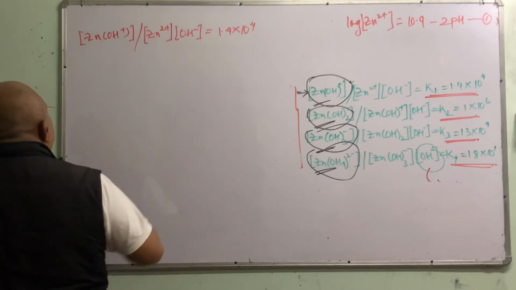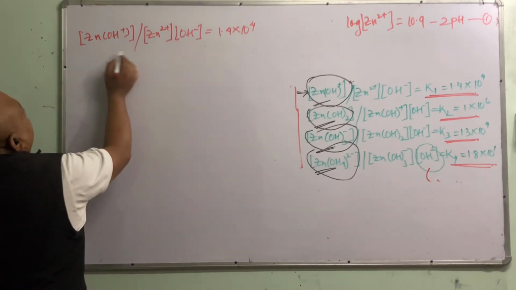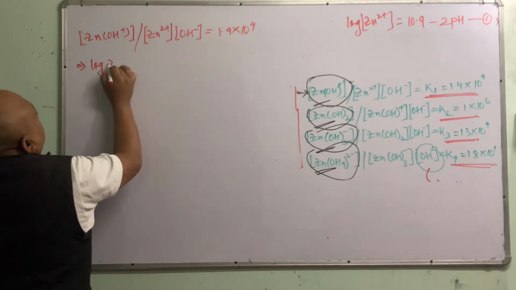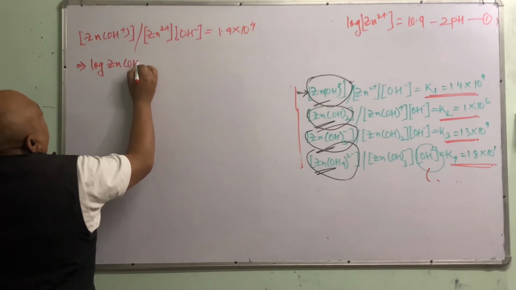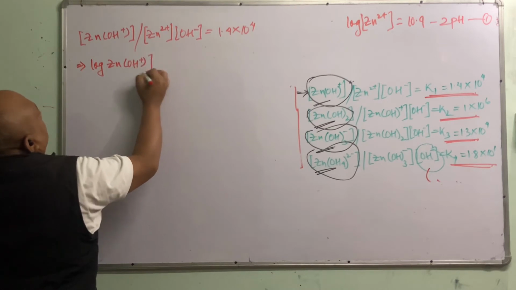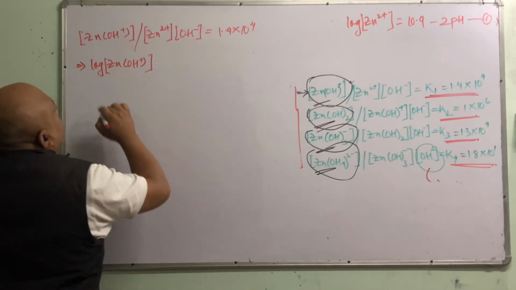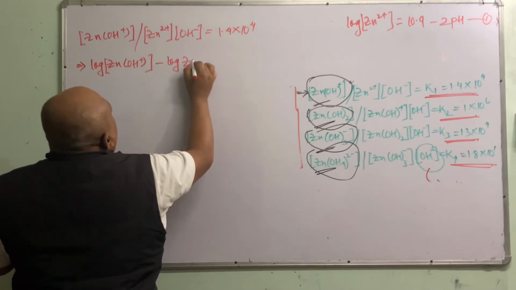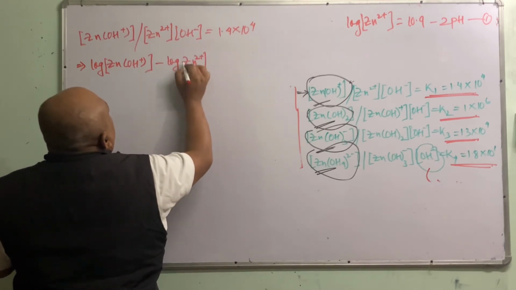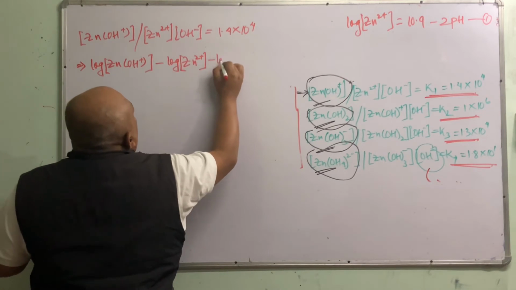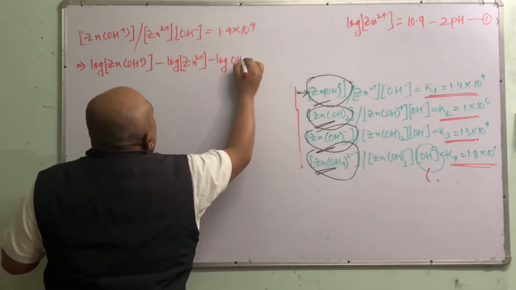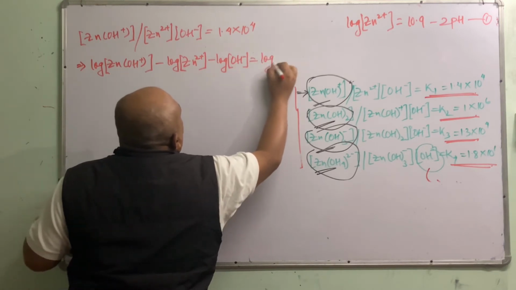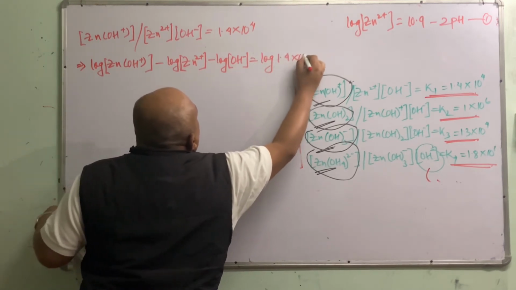Correct. So here, if you take log, it implies log of ZnOH+ minus log of Zn2+ minus log of OH- is equal to log of 1.4 into 10 to the power 4.